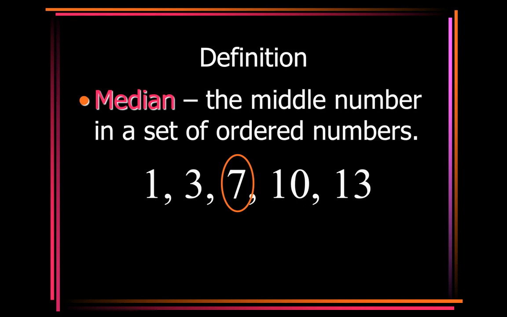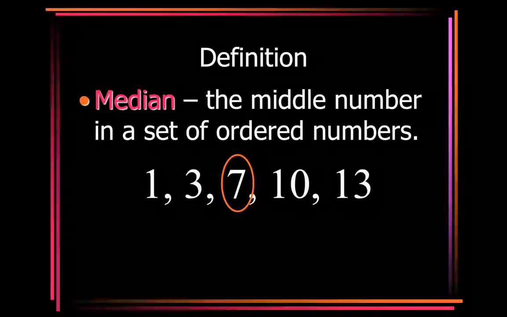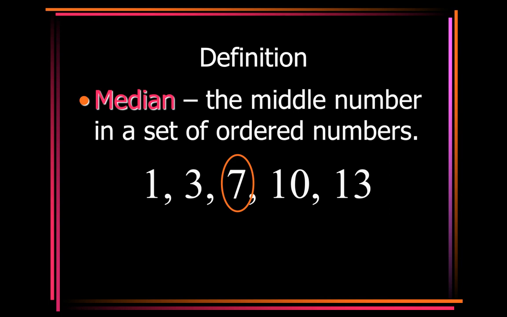You need to put the numbers in order. It's usually easier to put it in ascending order, meaning the numbers are getting bigger, than descending order, but it's the same thing. Whether I did it 1, 3, 7, 10, 13, or I wrote it backwards, 13, 10, 7, 3, and 1, 7 is still the middle number. There's 5 numbers. It's in the middle because on the left side there's 2 numbers and on the right side there's 2 numbers. So it ends up being the middle number.